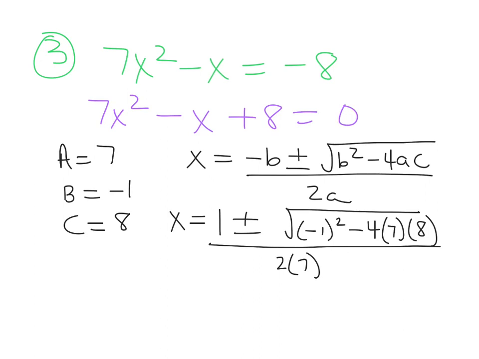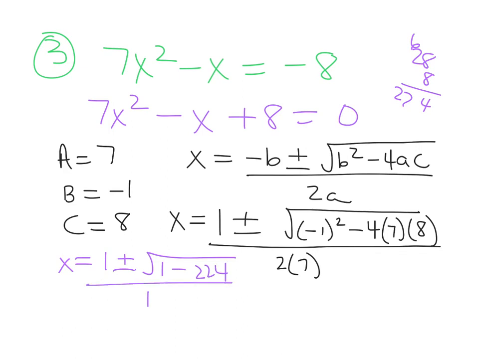Okay, so now I've got x equals 1 plus or minus square root of negative 1 squared is 1, minus 4 times 7 is 28, and then 28 times 8 is 224. So I have 1 minus 224 all over 14.